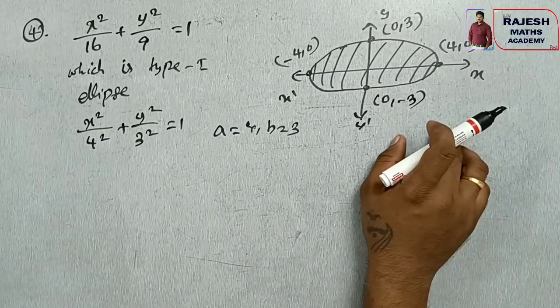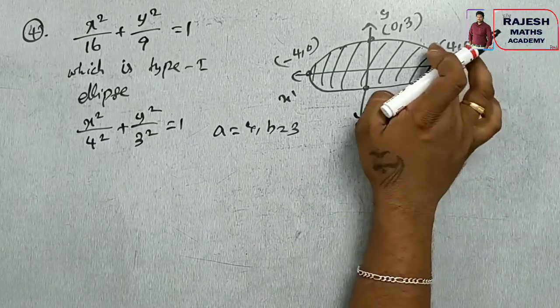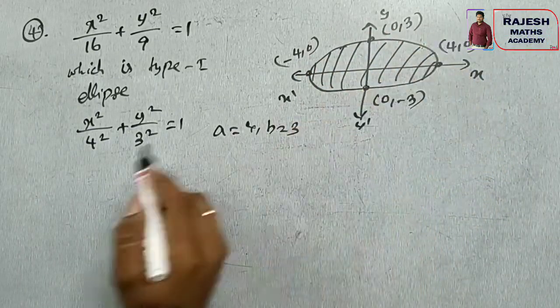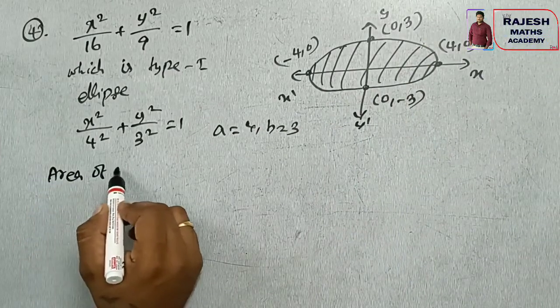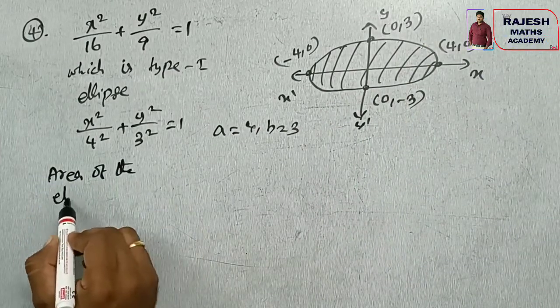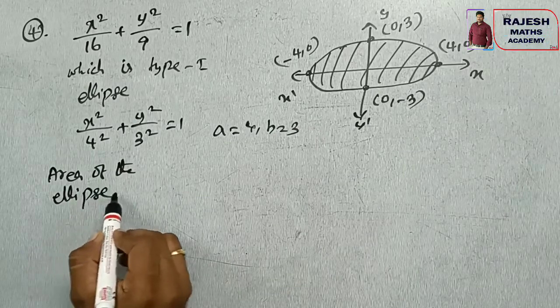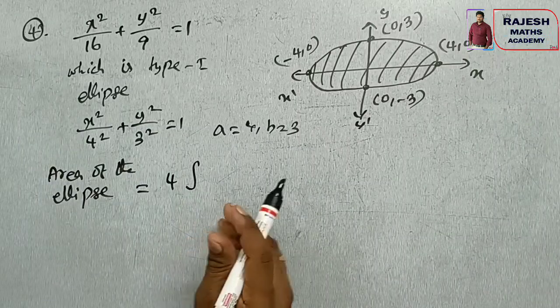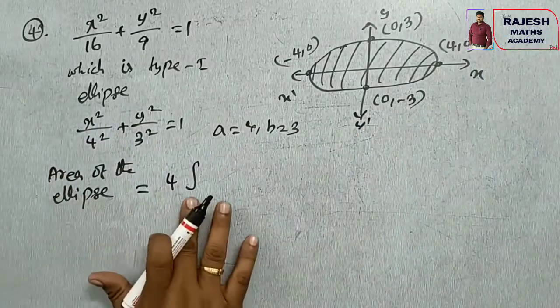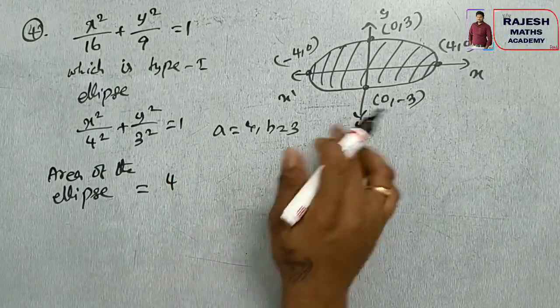So we want to calculate the total area. Actually we can write here: area of the ellipse equal to 4 times the area in the first quadrant.